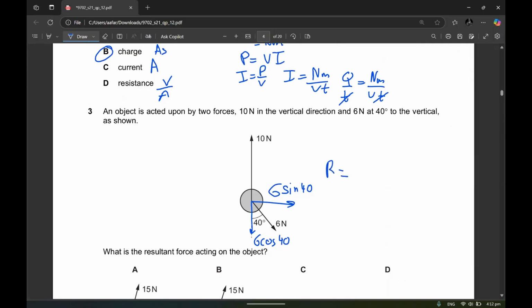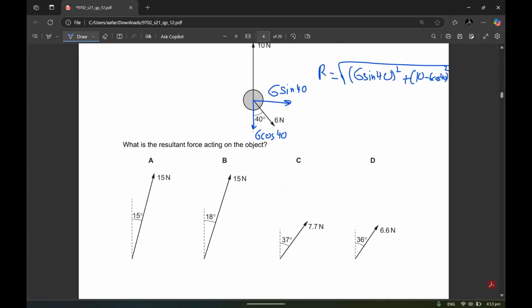So the resultant will be the square root of 6 sine 40 whole square plus 10 minus 6 cos 40 whole square, since we're taking the vertical and the horizontal. 6 sine 40 square, 10 minus 6, and we get 6.6 Newton.